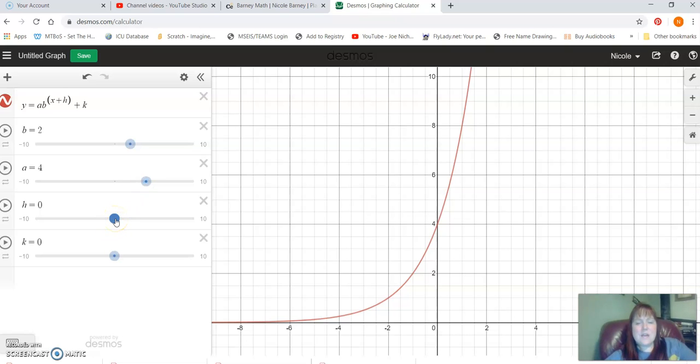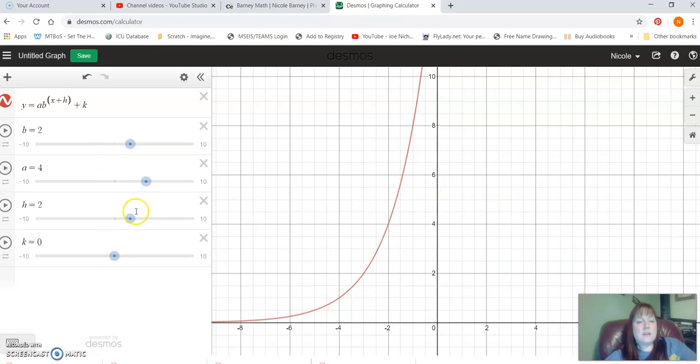Okay, and now these ones have a little bit more to do with, say, shifting time than they do actual application. But remember, this h is inside the function with x, which means it's going to affect our x values, and it's going to shift them left or right. And remember, your x is a liar.